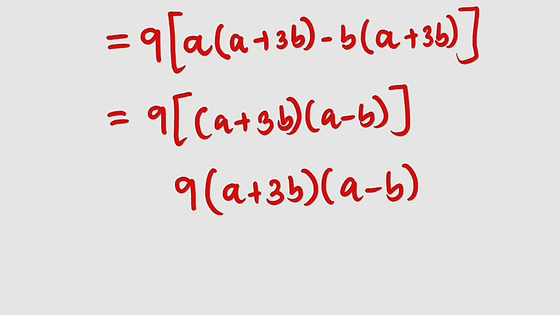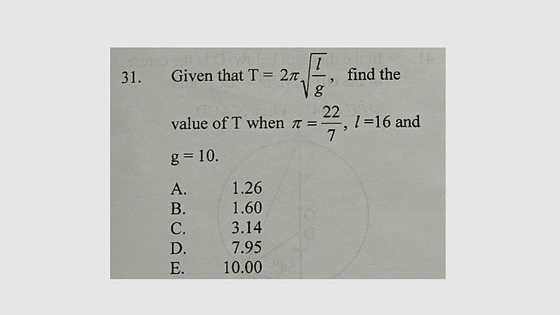Now let us move on to question number 31. We are given that t is equal to 2 pi multiplied by the square root of L divided by G. We are asked to find the value of t when pi is equal to 22 divided by 7, L is equal to 16, and G is equal to 10. This is nothing but substitution.